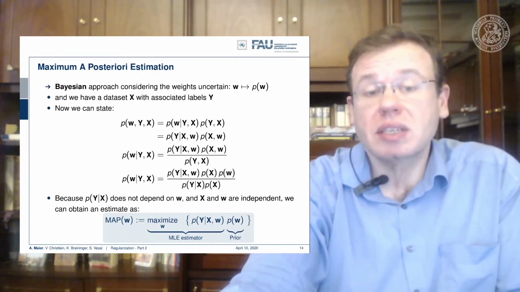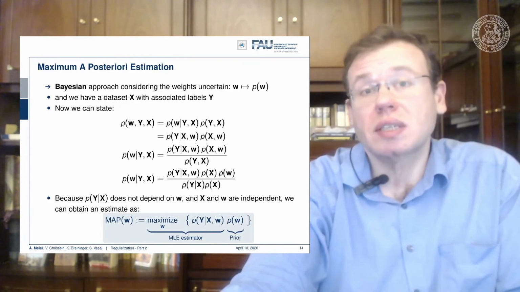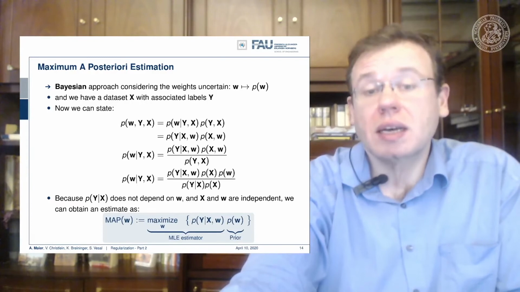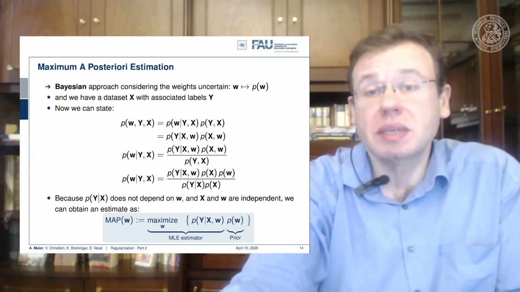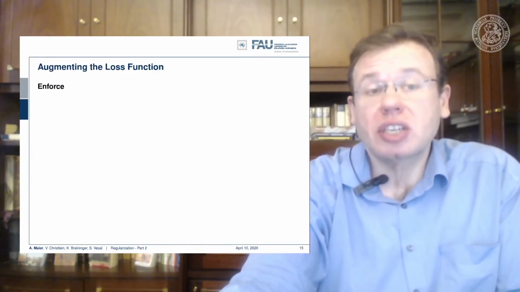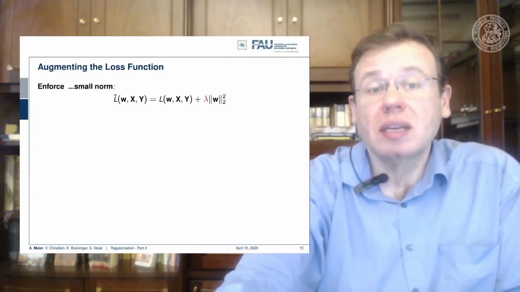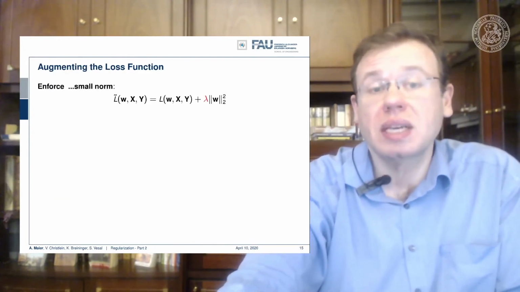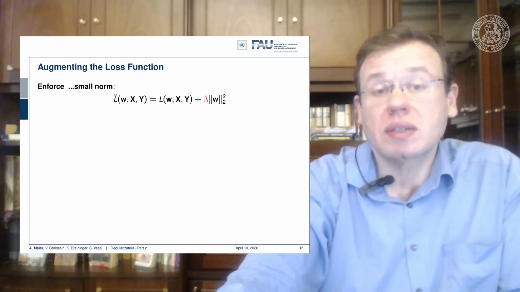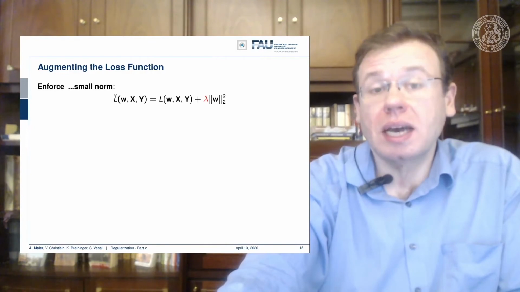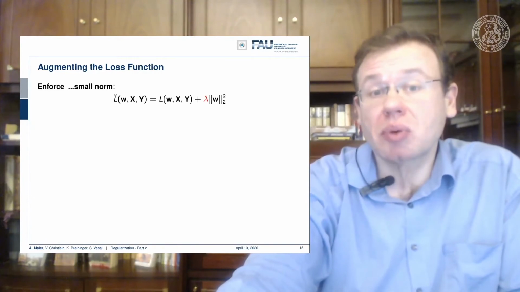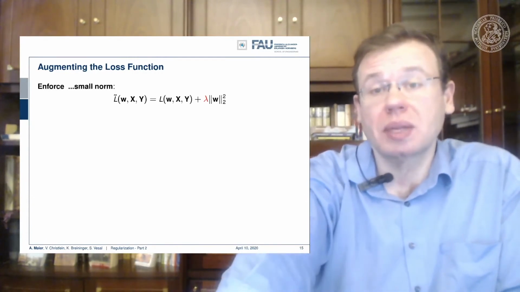We've seen that the maximization of the maximum likelihood estimates results in the typical loss functions that we're talking about. Now if you start with the MAP estimate, you essentially end up with a very similar estimate, but the shape of the loss function is slightly changed. So we get a new loss function L tilde. It's like the L2 loss or the cross entropy loss, plus some lambda and some constraint on the weights. So here we enforce minimum norm, minimum L2 norm.